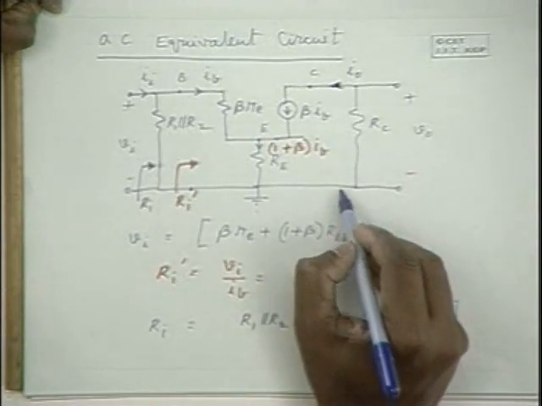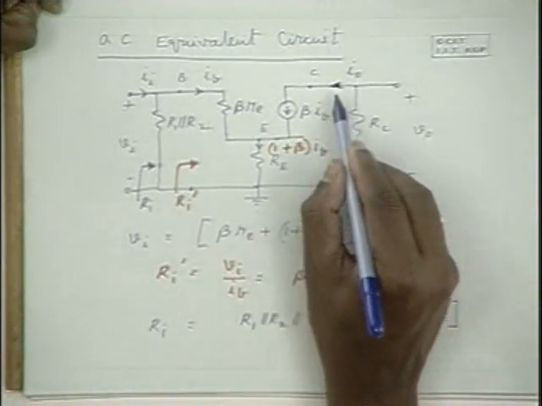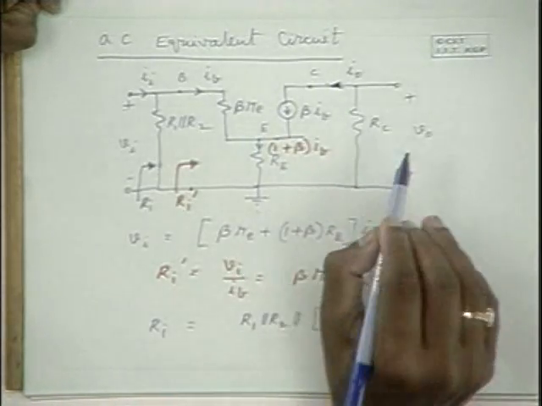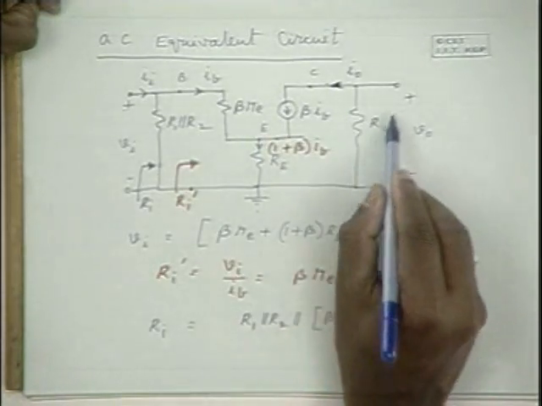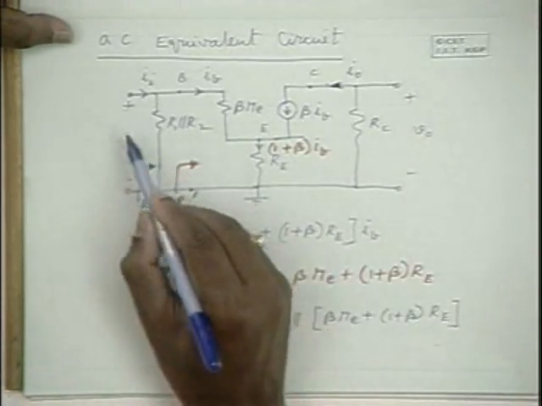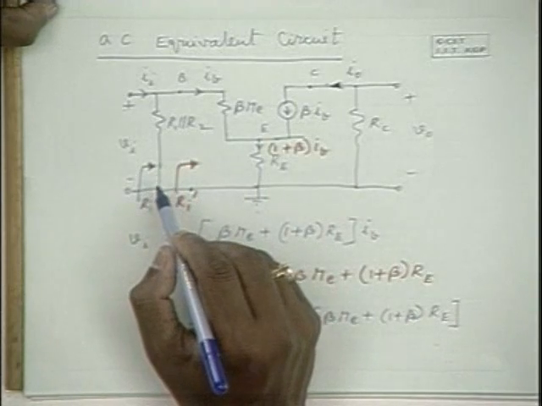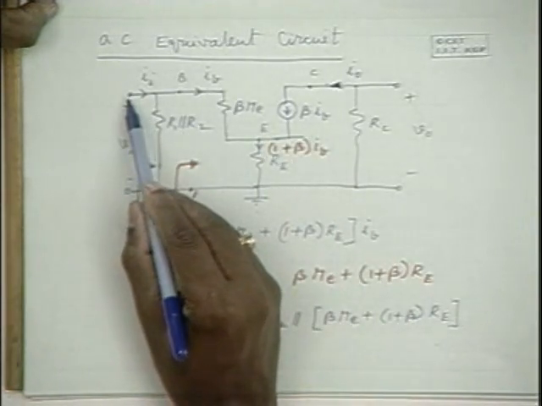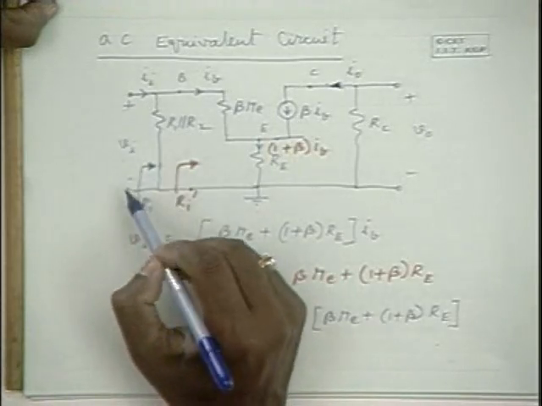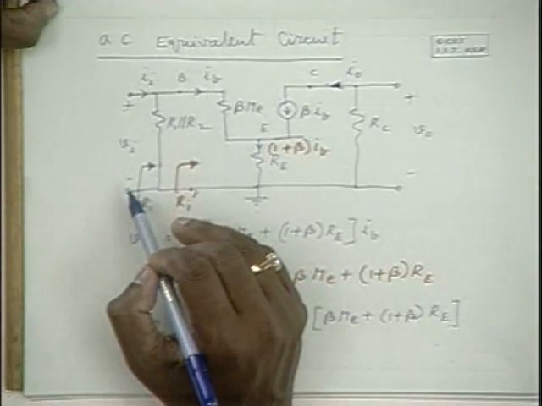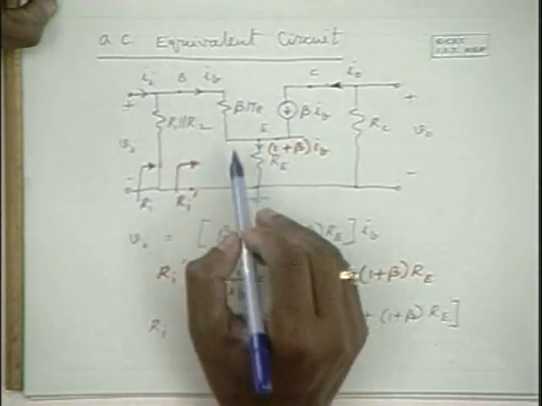Excluding RC, the output impedance is the impedance looking into these two terminals between this point and this point, and with RC included, the output impedance is the impedance looking between these two terminals, with the input replaced by a short circuit.